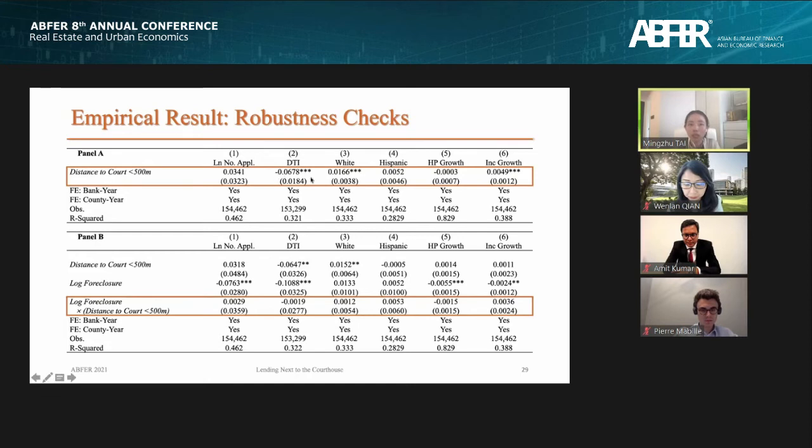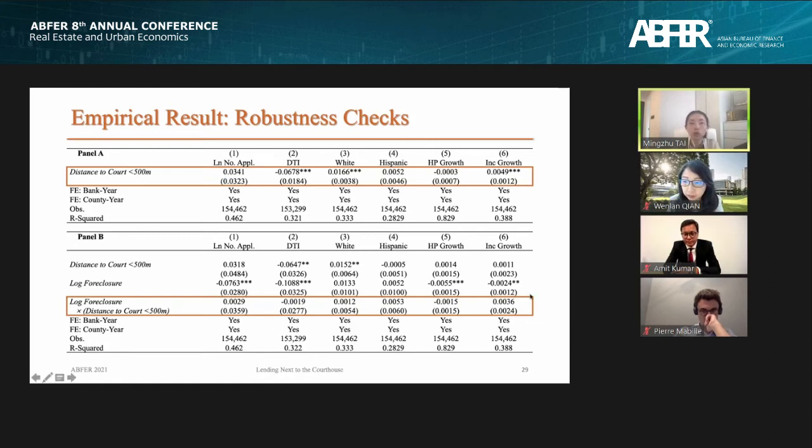This suggests that if our results were driven by unobserved correlations between the exposure to the courthouse and the economic fundamentals, then the effect that we observe should go in the opposite direction. And furthermore, when we look at the dynamic sensitivity to the county-level foreclosure, we don't find any significant correlations with the borrower or local neighborhood characteristics.